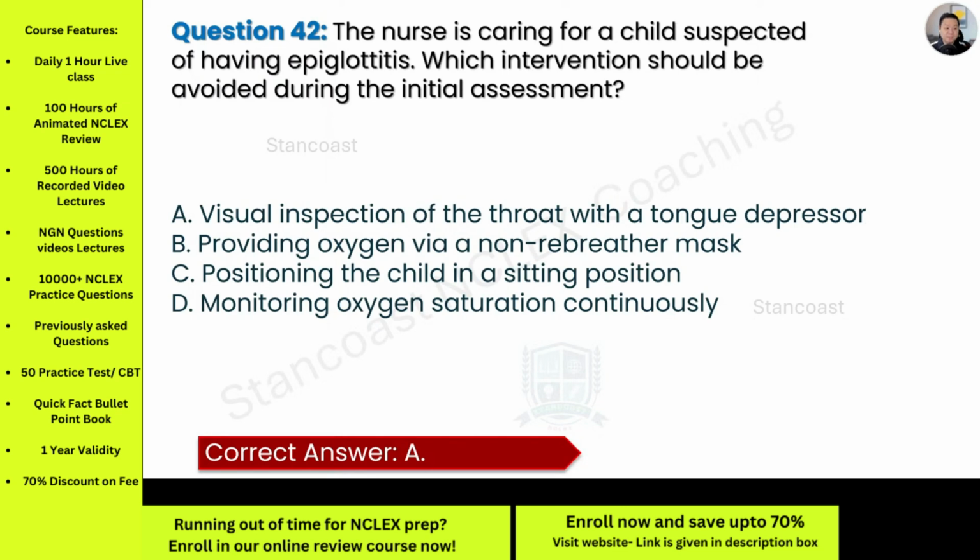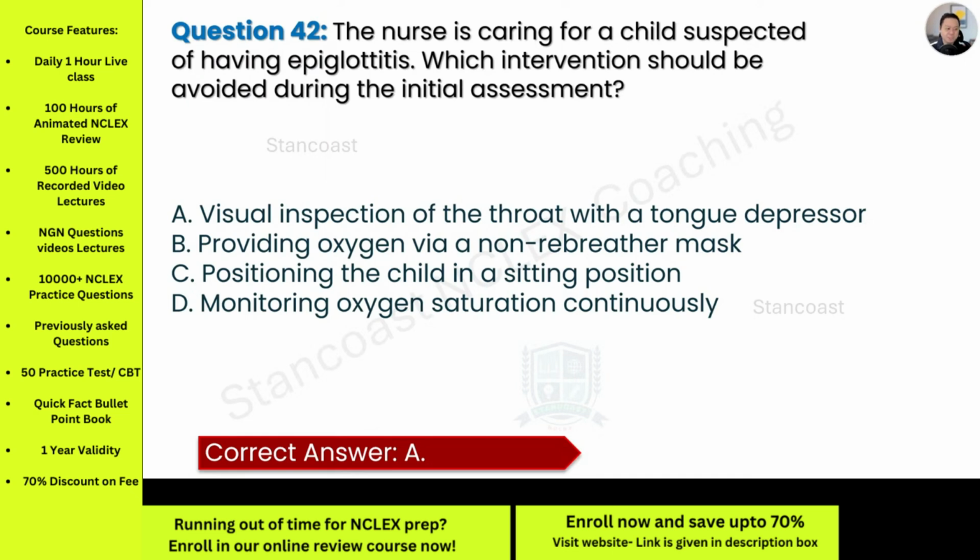Now, letter B is incorrect here. Providing oxygen via non-rebreather mask, the same thing with C and D. These are actions that can help treat this pediatric patient with epiglottitis.